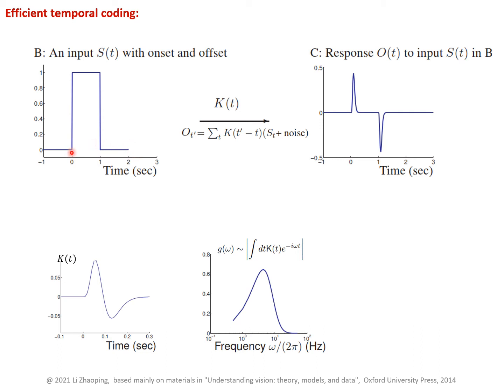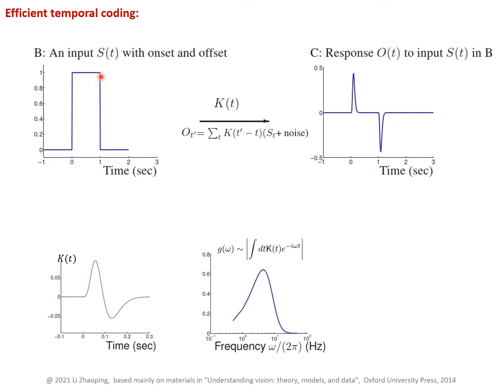At time 0, this filter immediately sees the change in signal from 0 to 1, so it gives a positive output pulse through this integration, while any inhibition from the recent past is 0 because the recent past input is 0. So the positive increase is reflected in this positive pulse in the response.